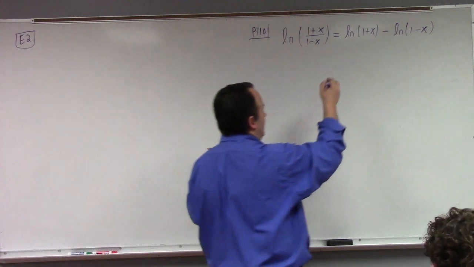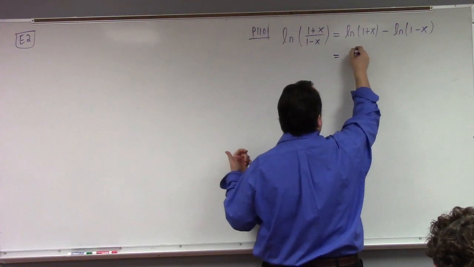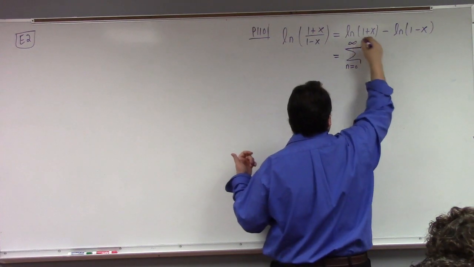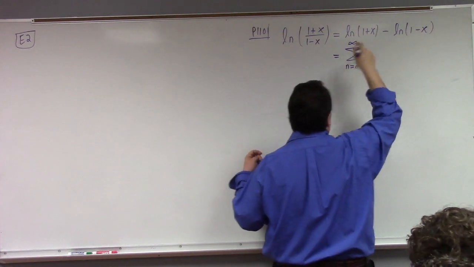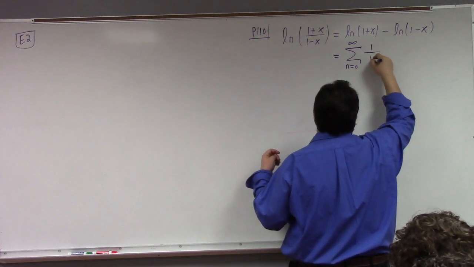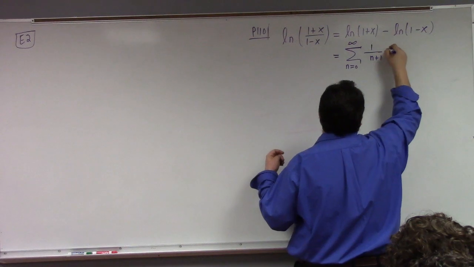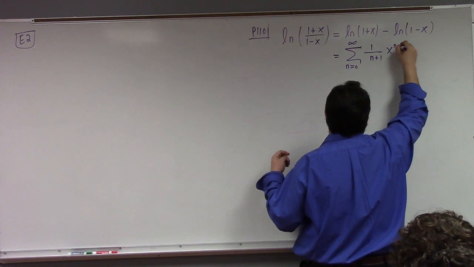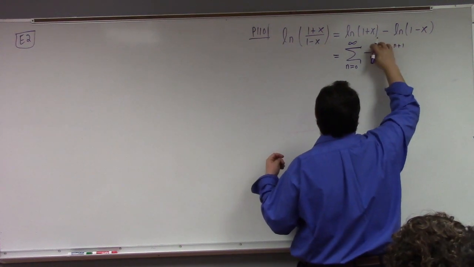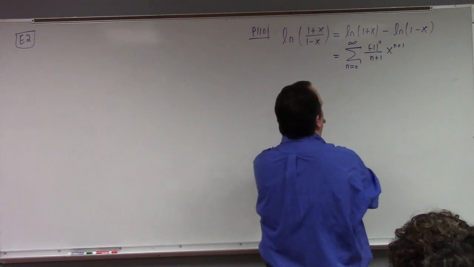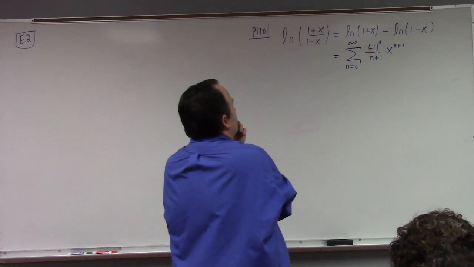Can you tell me what the log of 1 plus something was? I think it was the sum from n equals 0 to infinity of negative 1 to the n, over n plus 1, times x to the n plus 1.